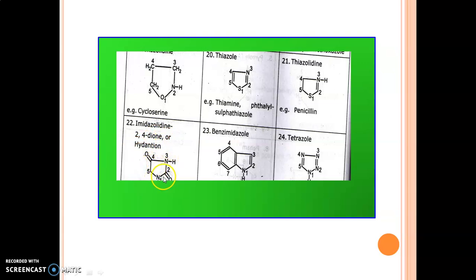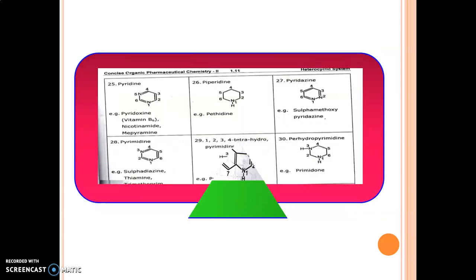It is a 5-membered ring containing two nitrogens at 1,3 position and two ketone groups at 2 and 4 position. Hence, name of the ring is imidazolidine 2,4-dione. Next is benzimidazole ring. It is a fused ring. In this, benzene ring is fused with imidazole ring. Next is a 5-membered ring containing 4 heteroatoms, that is 4 nitrogen atoms, called tetrazole, with 2 double bonds.